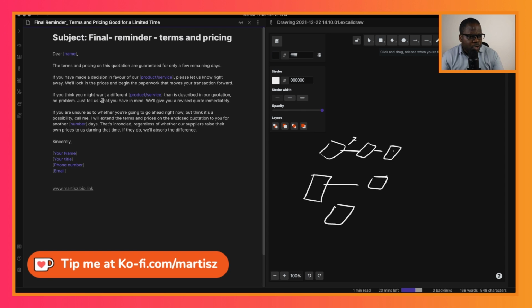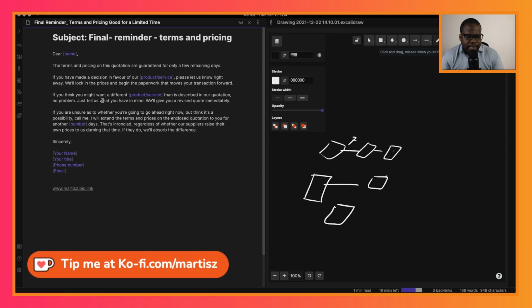If you're unsure whether you're going to go ahead right now, but think it's a possibility, call me. I will extend the terms and prices on the enclosed quotation to you for another number of days, ironclad, regardless of whether our suppliers raise their own price to us during that time. If they do, we will absorb the difference.